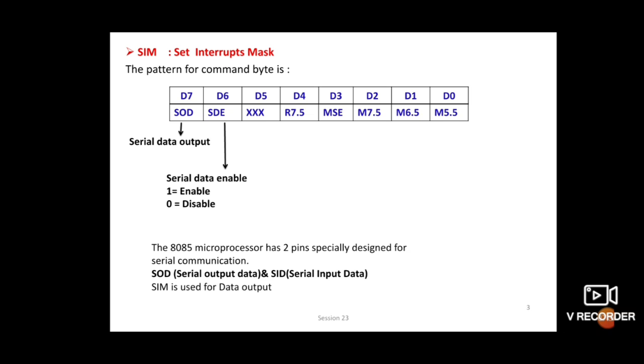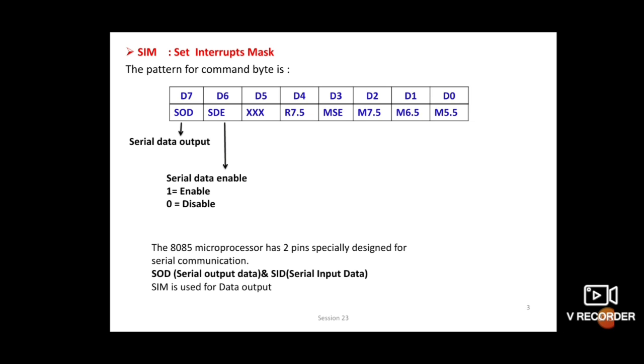Serially means a single bit is transferred at a time. In the 8085 microprocessor, the data bus transfers 1 byte, meaning 8 bits, from one location to another at a time.